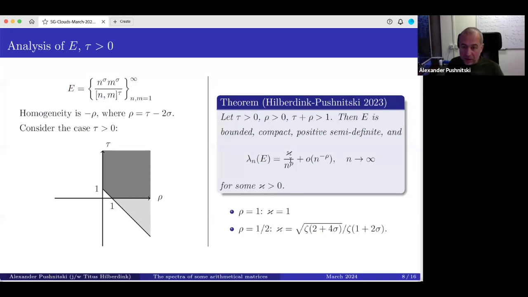So here we have the same order, but the coefficient doesn't have to be 1. We were able to compute the coefficient kappa only in two particular cases: when rho equals 1, it's 1, but interestingly for rho equals 1/2, there is an explicit formula, but it's not 1. It clearly has some arithmetical significance.